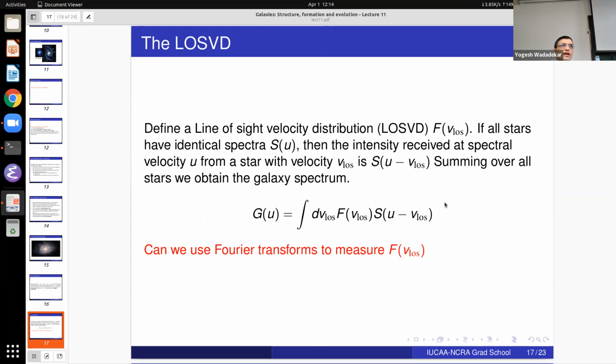Convolution operation, right? Is there any connection between convolution and Fourier transforms? That's correct.